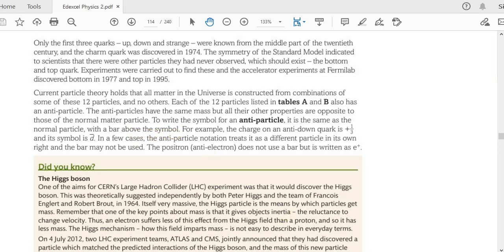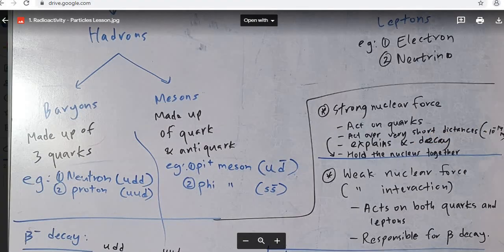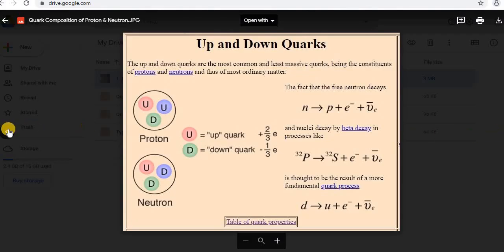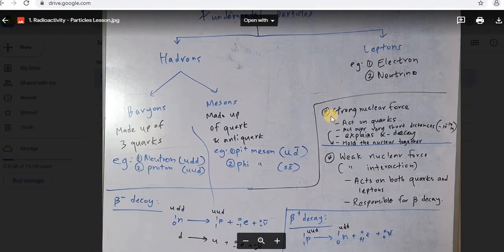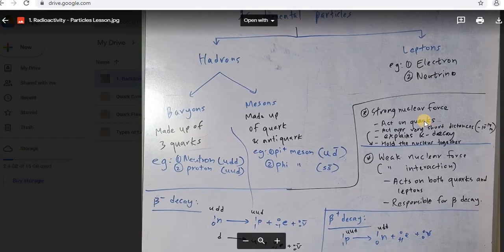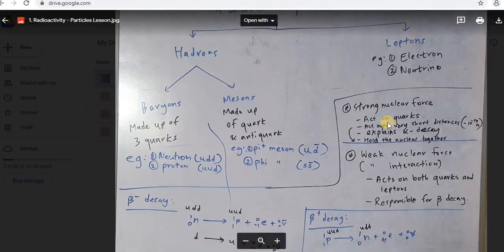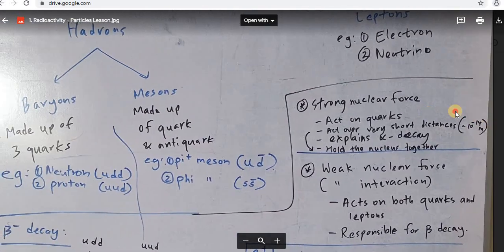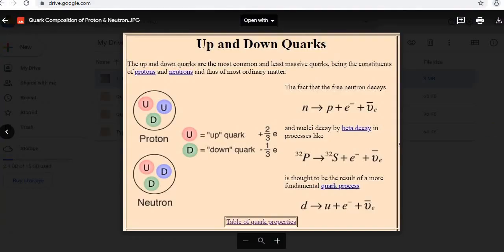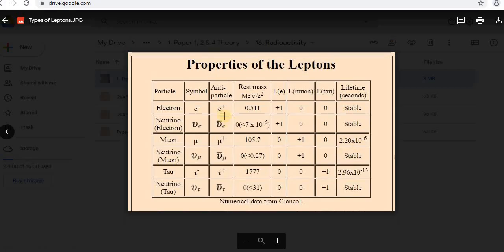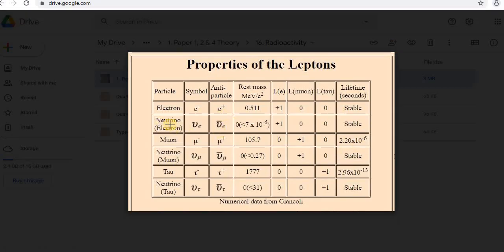See, if you go through these notes here, you can see that I have, oh, I can zoom it this way. Okay, that's better. Okay, you can see that I have shown that in this table. So remember, if it's a neutrino, and if it's the antiparticle of that neutrino, we use a bar on top like this.